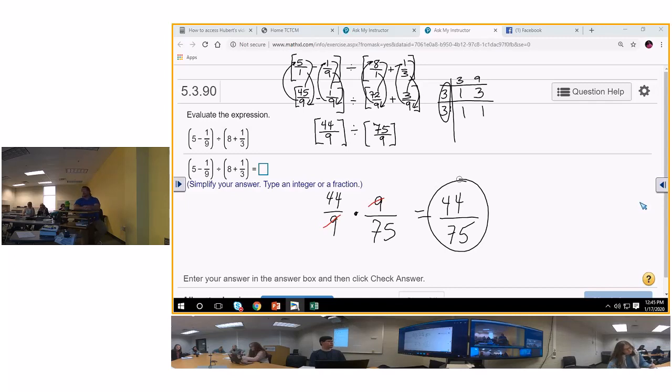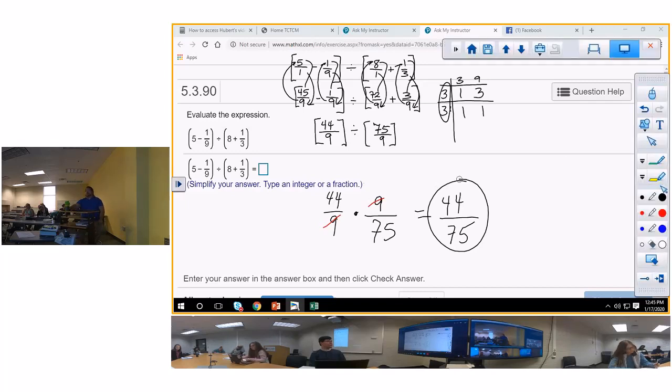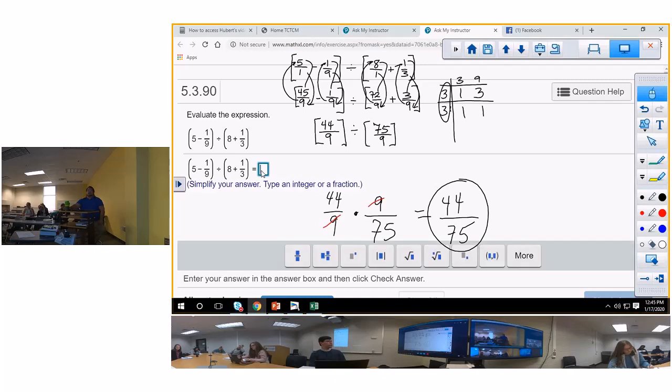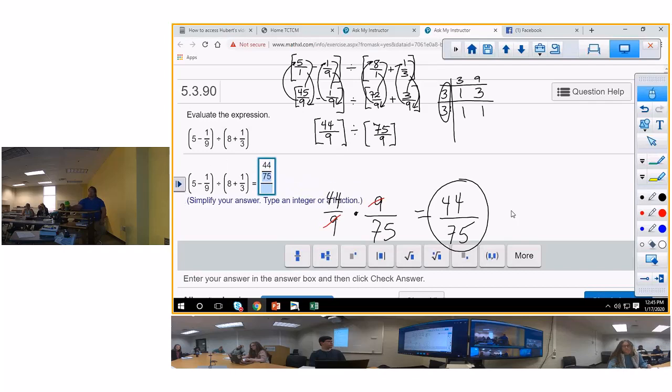Oh no. We get some people who try to do it in one step. Try to do it all between the blue lines of their notebook paper. And they end up getting it wrong. And they wonder why. 44 over 75. Oh, that's real good, Hubert. 44 over 75. And you feel good about yourself.